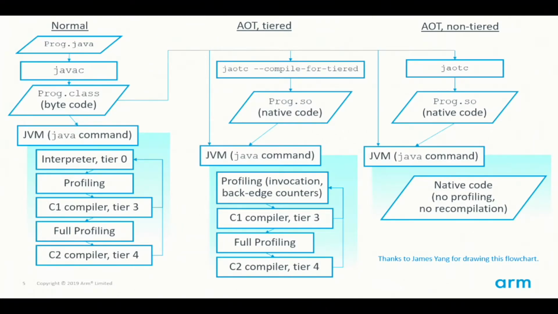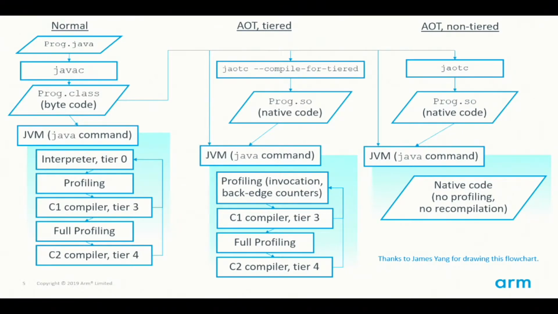Here's the big picture of 3 ways that I ran all the benchmarks that I'm doing here. So on the left here is the normal way before any AOT got into the game. And as you can see, first thing you do is you write your Java code, and you run it through Javac, and it gives a class file which contains that Java bytecode that I was talking about.